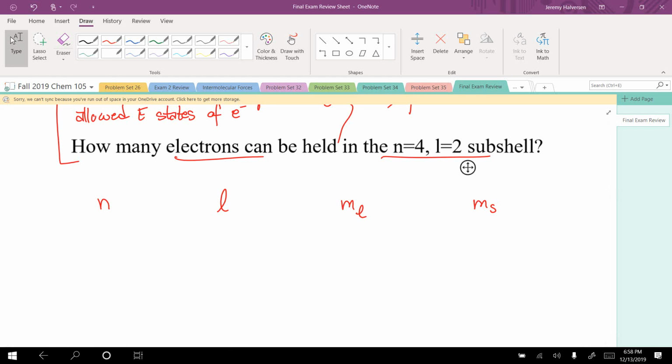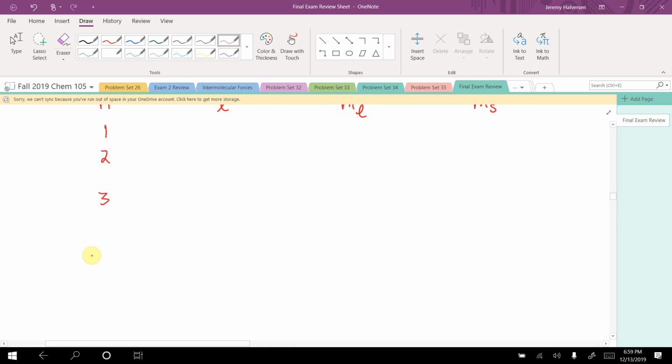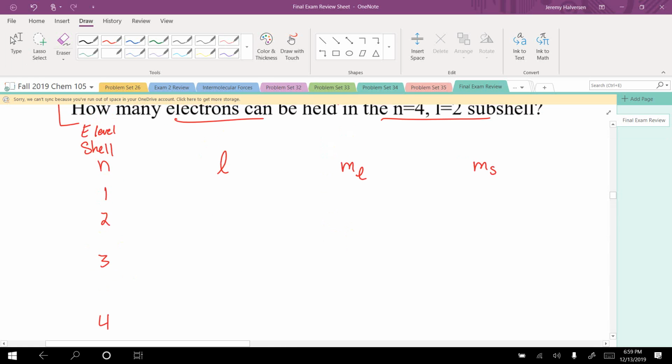You say N. So we usually refer to it as energy level, or shell is another one. They're just like the N's that we were dealing with in the hydrogen atom. It's the same N's. So what could N be? 1, 2, 3, 4, yeah. Cool, so those are the energy levels.